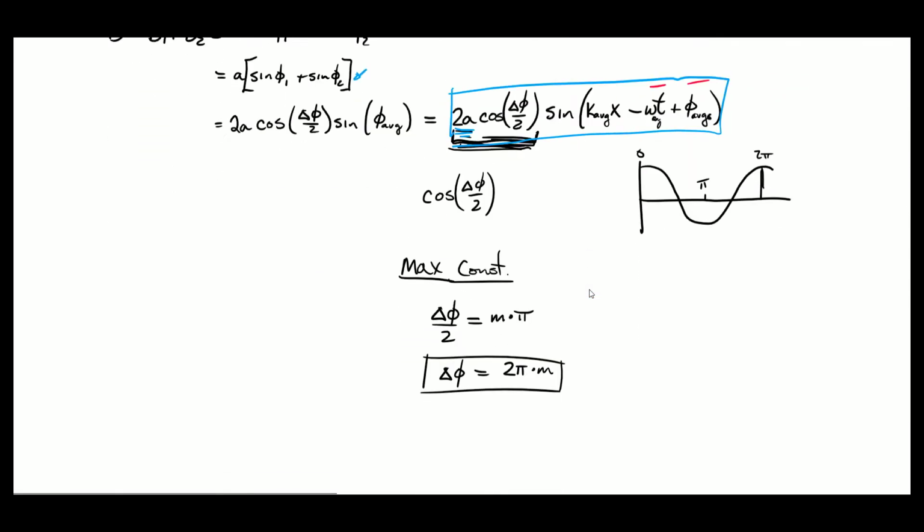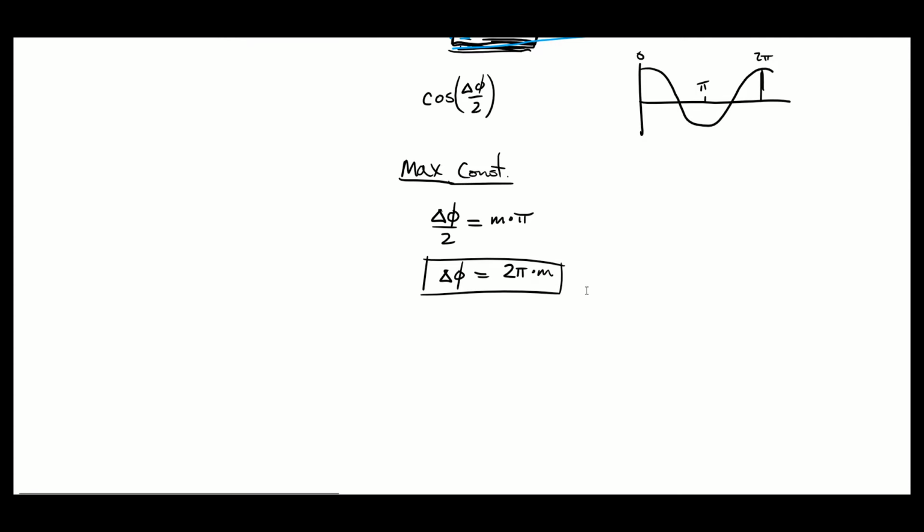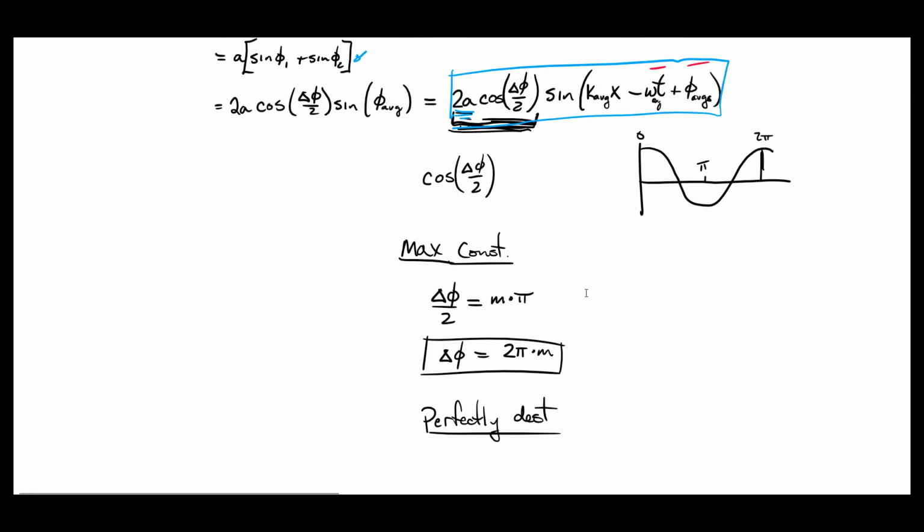We can also look at what do we need for perfectly destructive interference, right? So how do we think about that case where we have essentially the waves cancel? Well, that's saying, well, this 2a cosine phi over 2 has to be at our nodes, right?